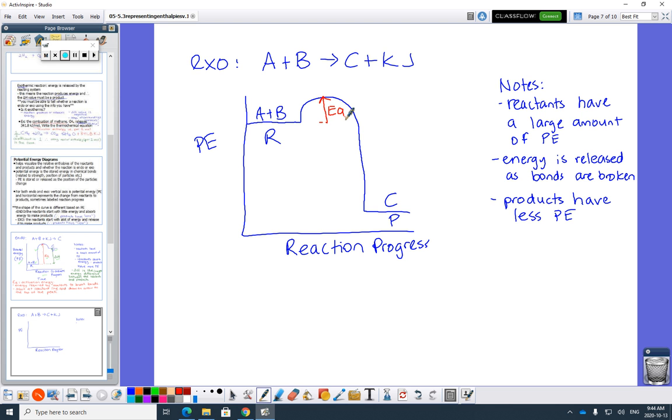So now you can see visually, is this a lot smaller than the endothermic? Yes, which makes sense. Endothermic reactions have to absorb energy. And then the delta H is the same. It's the height or the distance between the reactants and products.